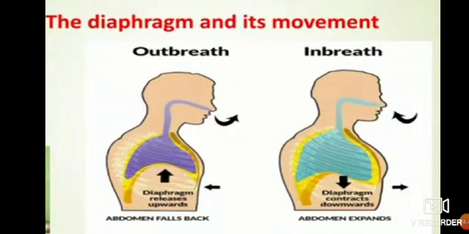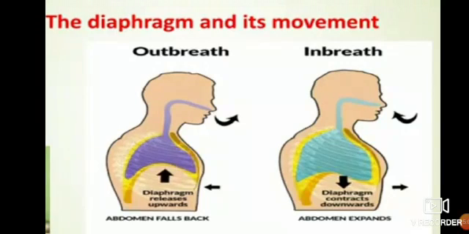Now we are going to study about the diaphragm and its movement. Can you see in the picture? What are these pictures? It is as out breath and in breath. Now what do you mean by out breath? That is exhale. Out breath means exhale. We are giving out the carbon dioxide.